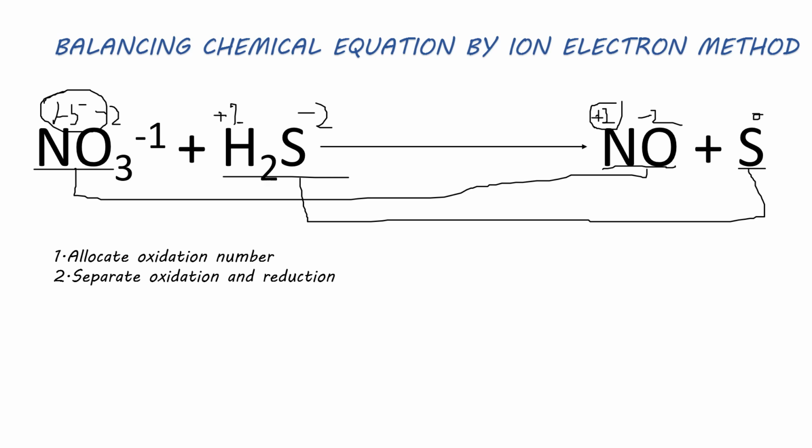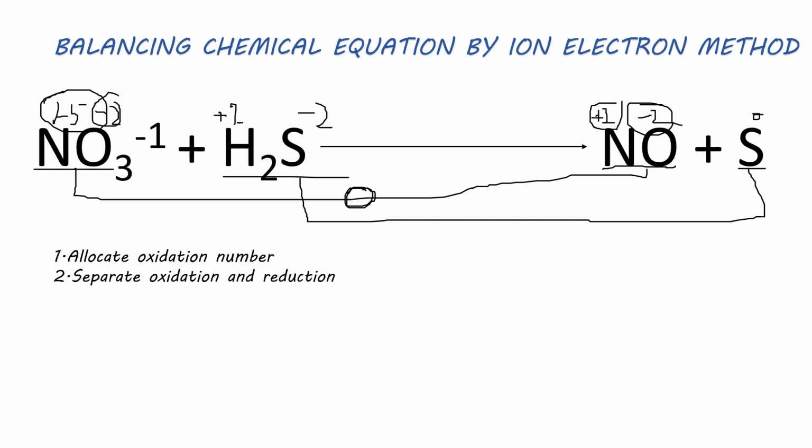Now here there is an increasing order. After that, -2 and -2. Overall, this number is being increased. Whenever the oxidation number is in increasing order, it is called oxidation. This is a process of oxidation. I am writing O only.